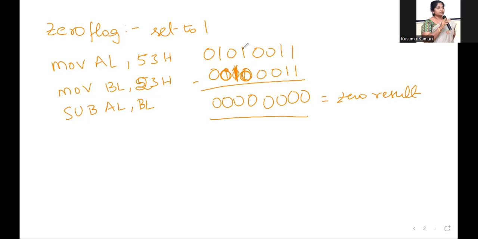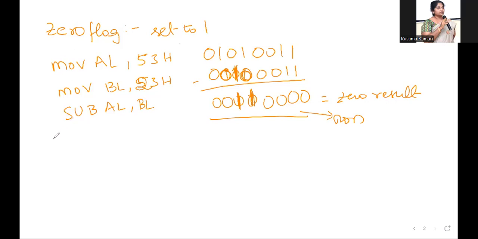All bits are 0 here. 1 minus 0 is 1, and 0 minus 1 is 1 with a borrow. Here, an even number of ones are there, but the result is a non-zero result. So for this non-zero result, the zero flag is reset to 0. That is the zero flag and parity flag.